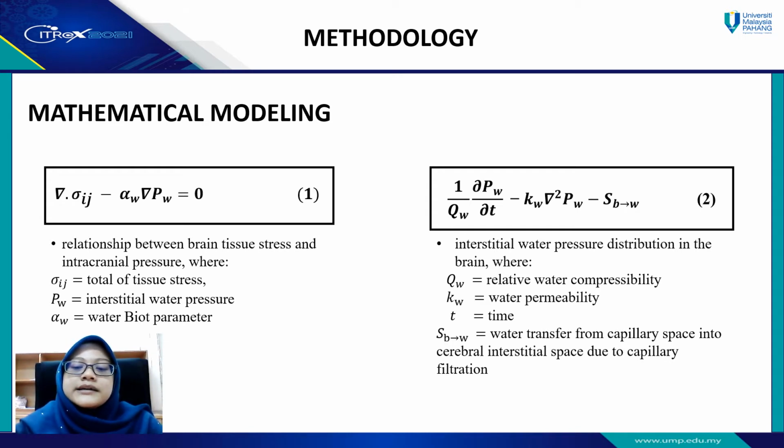The second equation is for the distribution of interstitial water pressure, where QW is the relative water compressibility, KW is water permeability, T is time, and SBW is the water transfer from capillary space into capillary interstitial space due to capillary filtration.